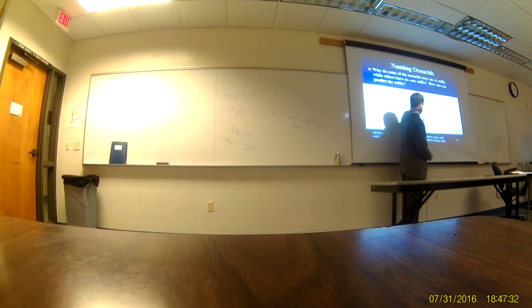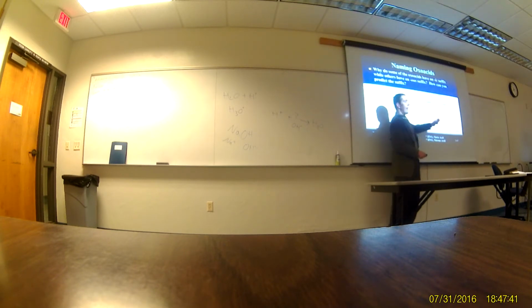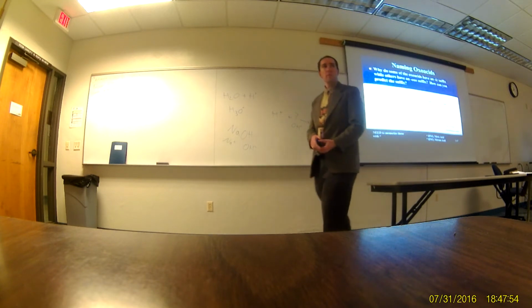But here, ClO4 is not the ATE ion. ClO3 is actually the ATE. And so that's chlorate, makes chloric acid. Take 1 oxygen off, that's chlorite. It's chlorous. And then there are actually even extremes going up and down from there.